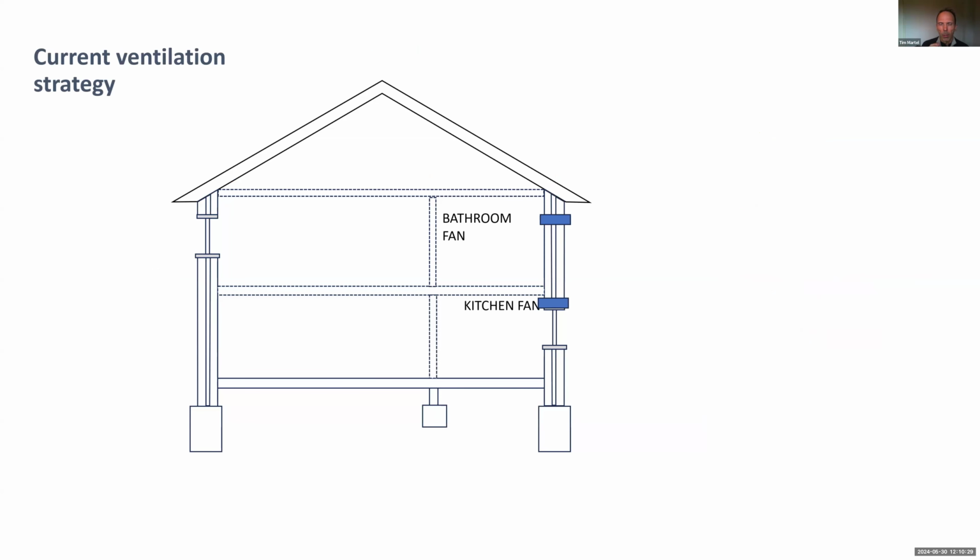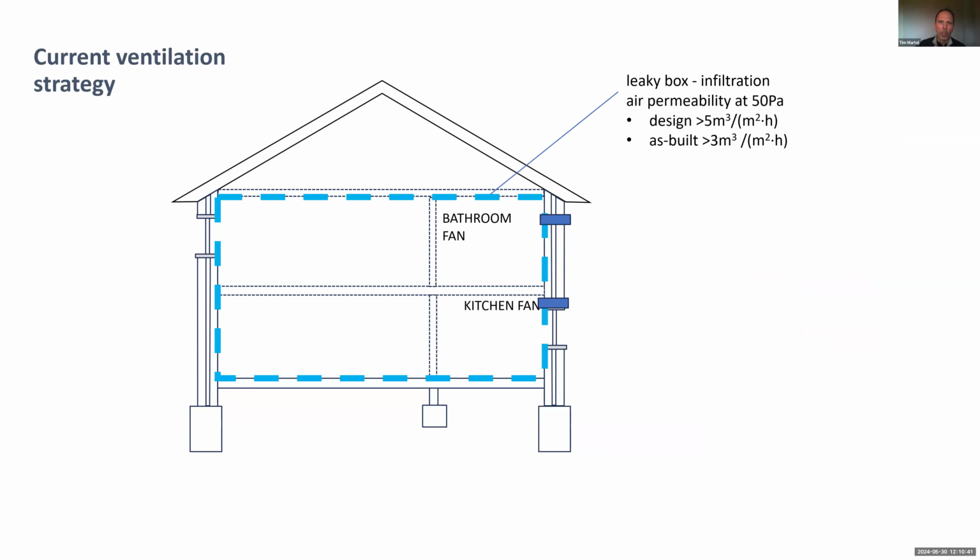But more than that, you also need to consider the ventilation. And you might say, oh, well, I don't have a ventilation strategy. I've just got windows. Well, you still have a strategy, because the strategy there, according to the building regulations, is to start with a leaky box. And it has to be leaky.